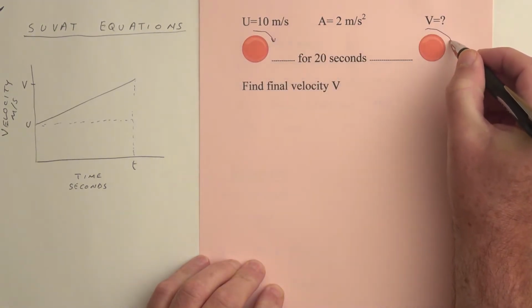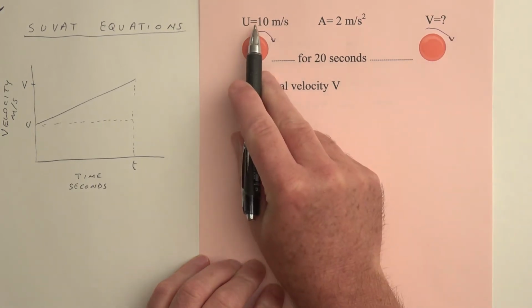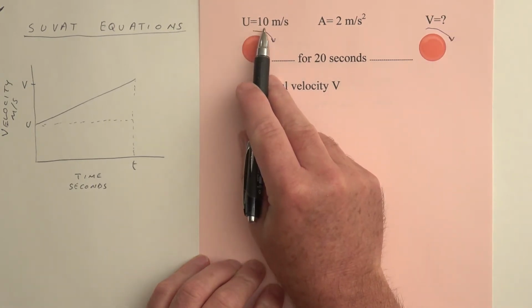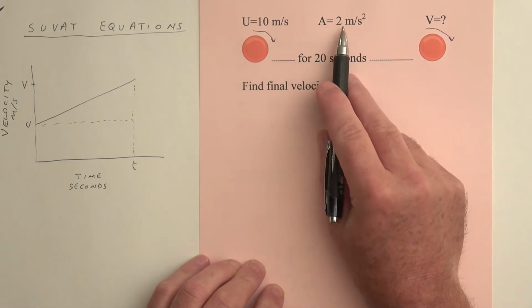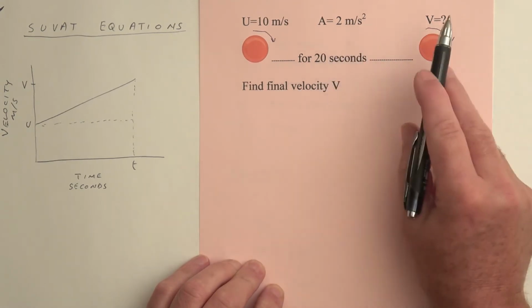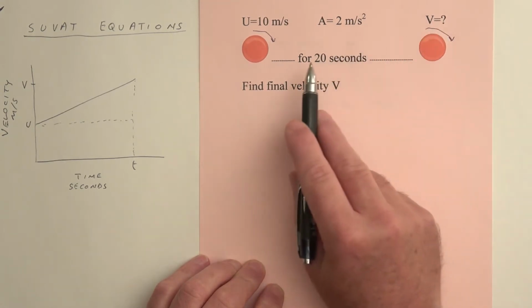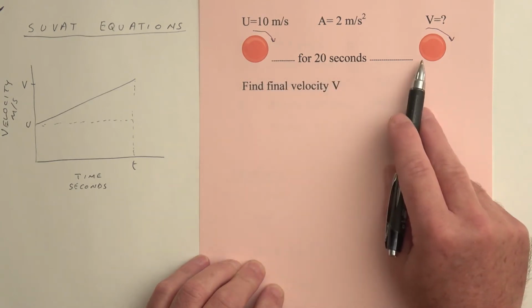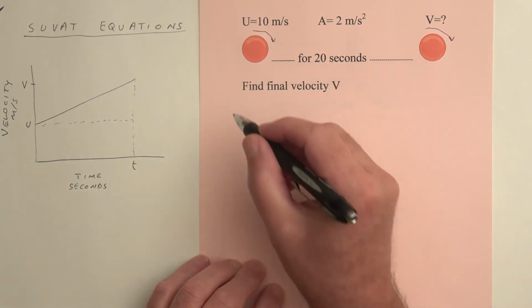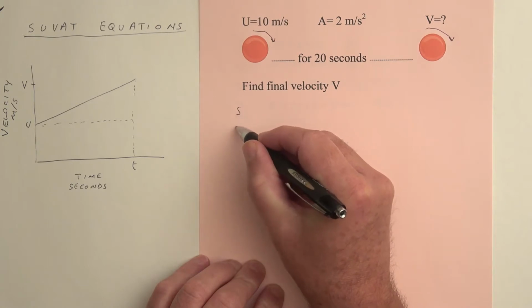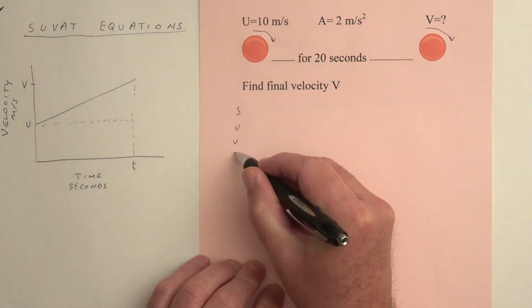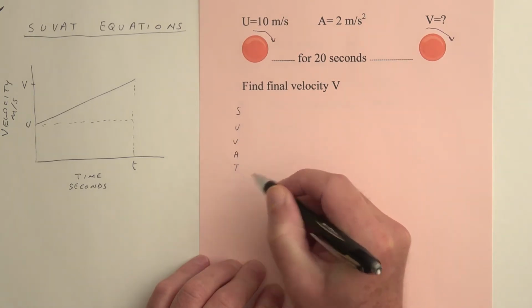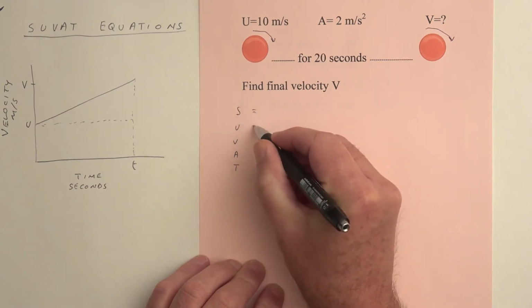So we've got initial velocity, 10 meters per second, acceleration of 2 meters per second squared, and we're trying to find the final velocity, and it's going for 20 seconds. So I always put the SUVAT down and then fill in the bits I know.